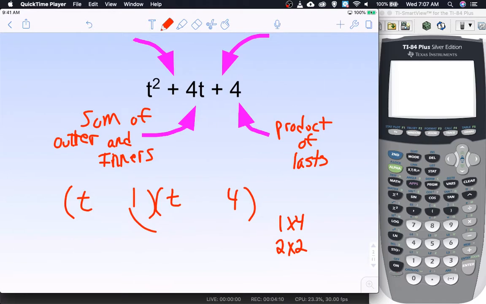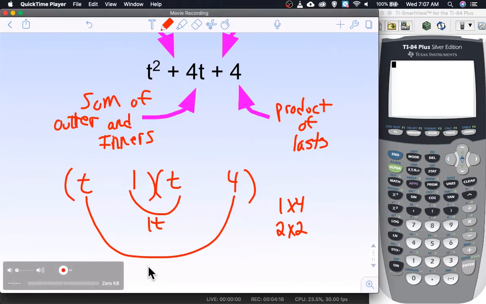But if I would multiply this together, I would get 1t. If I would multiply this together, that's the outers and the inners. If I'd multiply that together, I would get 4t. Can a 4t and a 1t added together give you a 4t? No. That's because I told you I chose the wrong one on purpose.